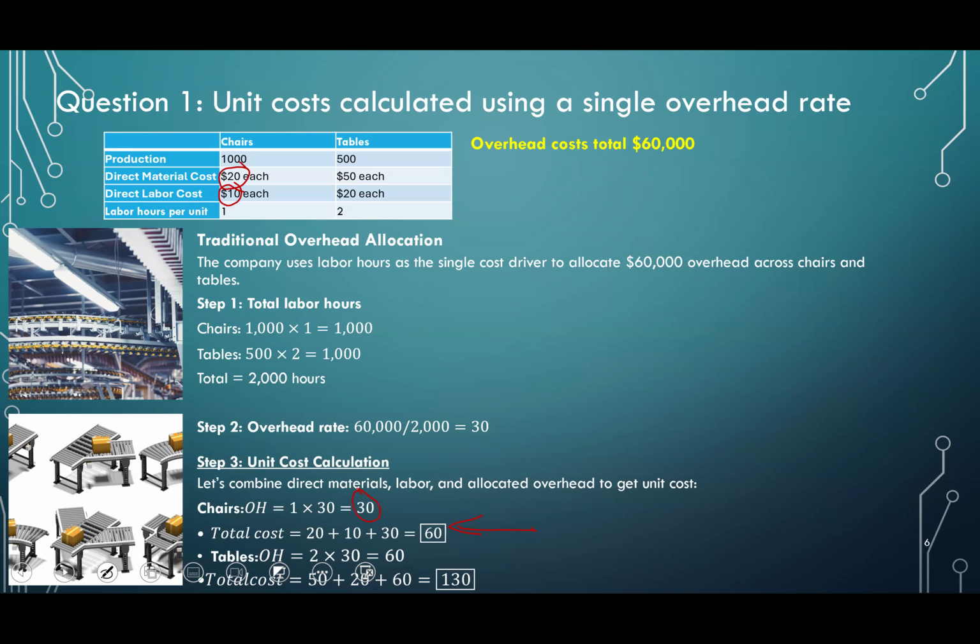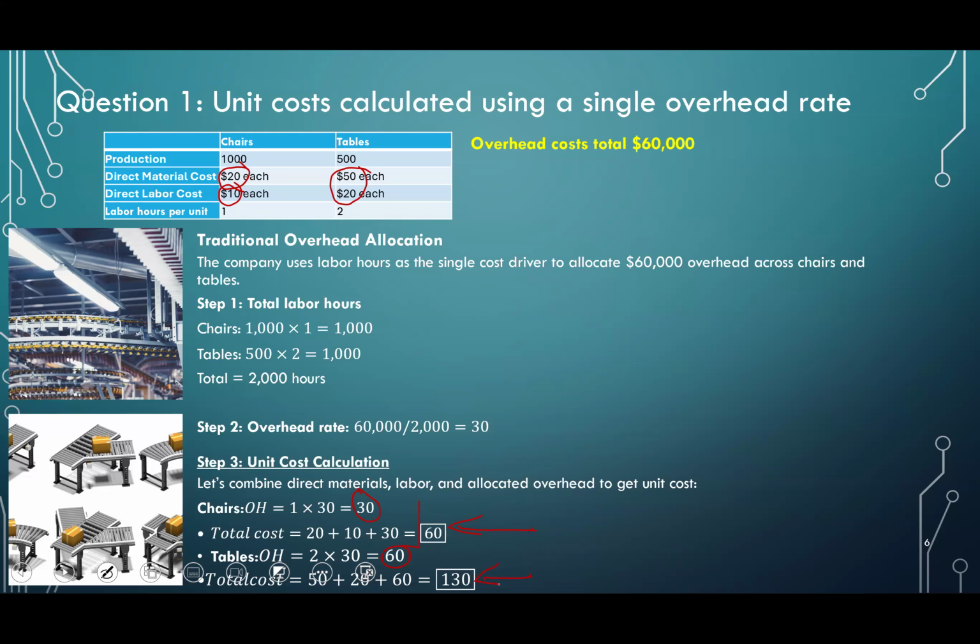So 20 plus 10 plus 30 gives me 60. Similarly, I have 50 plus 20 for tables, and then I have allocated $60 of overhead, so a total of 130. We'll remember these numbers because we are going to compare them with the activity based costing.